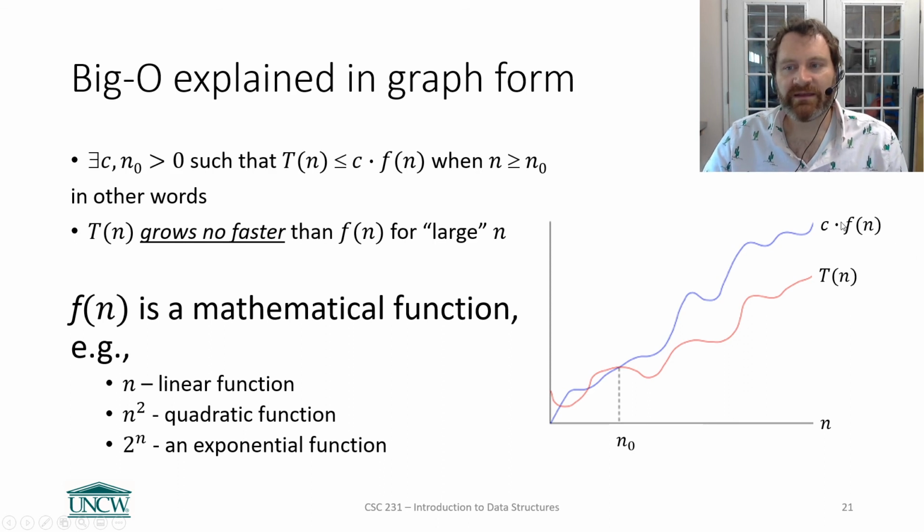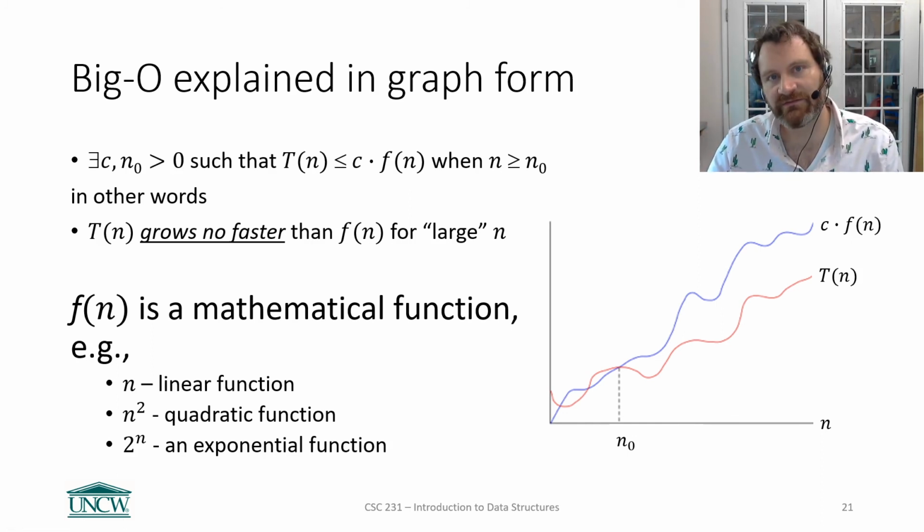What we're saying is there exists a different function, f of n, such that when you multiply this f of n by a constant c, c is a number, 1, 5, 100, 1,000, something like that. You could figure out what it is. The point is, it exists somewhere.